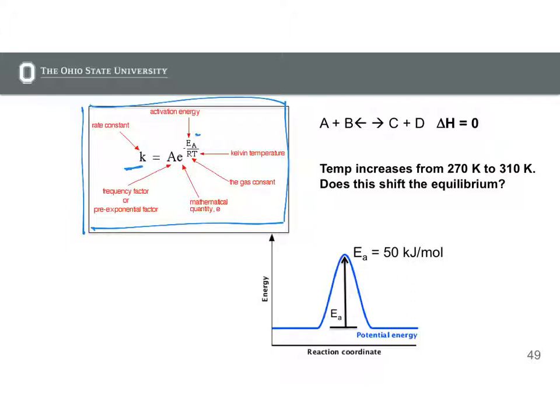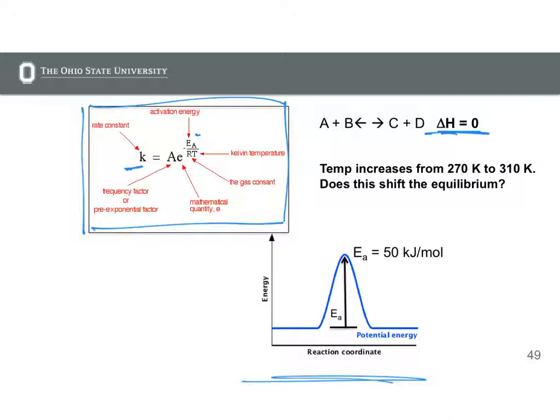And we saw some of the effects of increasing the temperature on the reaction rate, and how that's related to the activation energy. Here's a reaction coordinate diagram for a reaction that has a delta H of 0. It's not endothermic, it's not exothermic.